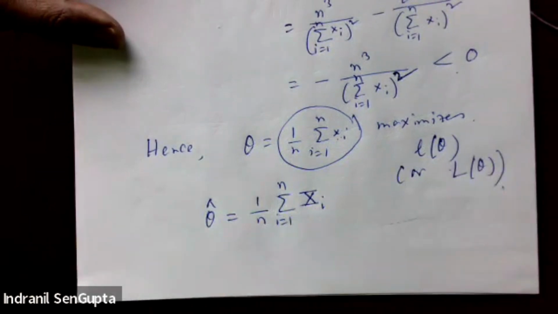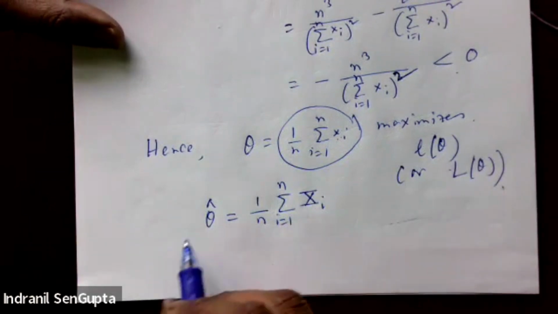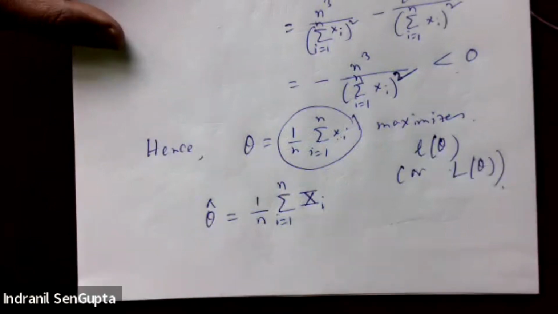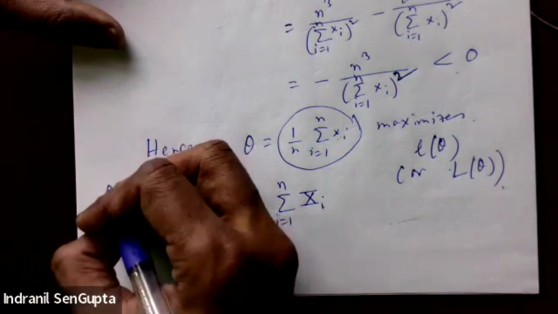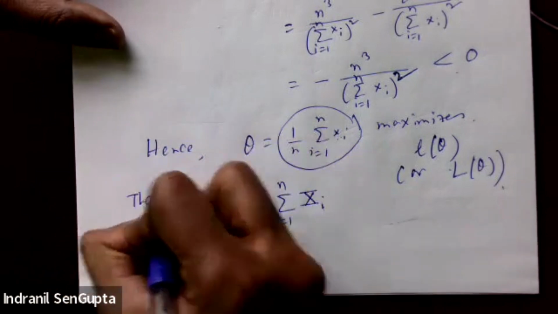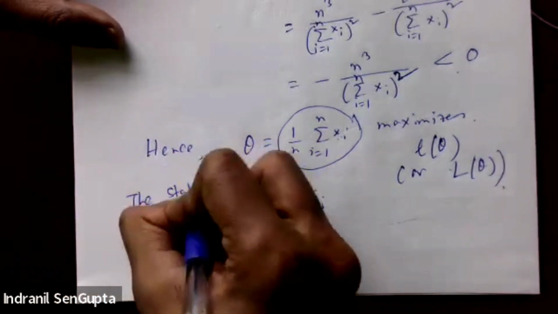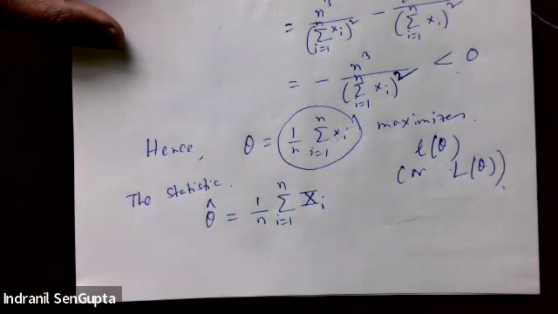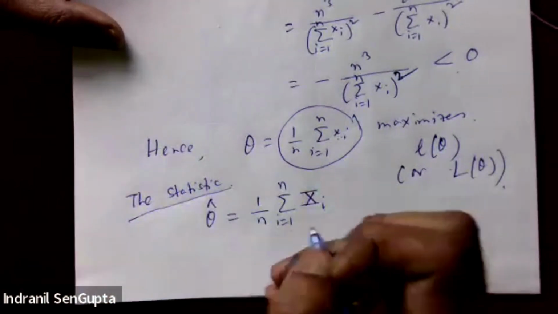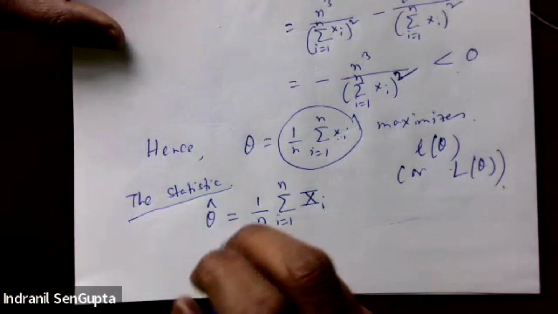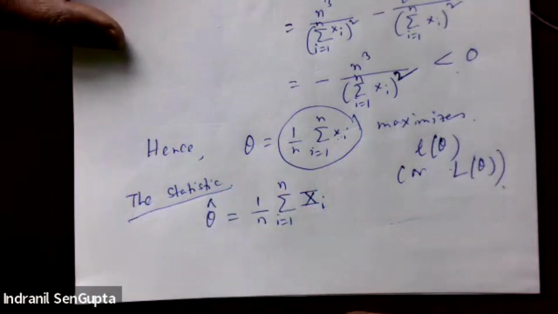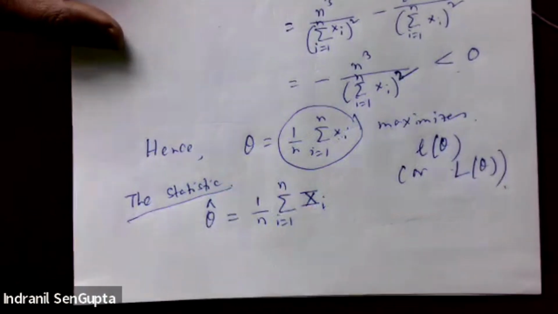So the way we typically write it, we write that this theta hat is this one. Okay, so this is the statistic. This is the statistic that we developed for this example.